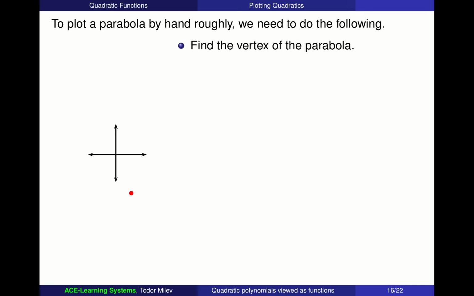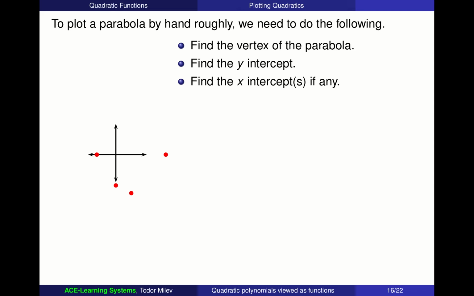When we plot a parabola, the first thing we do is we find the vertex, the tip of the parabola. The next thing we do is we find the y-intercept of the parabola. The y-intercept's x-coordinate is always 0 and its y-coordinate is the value of the function at 0.